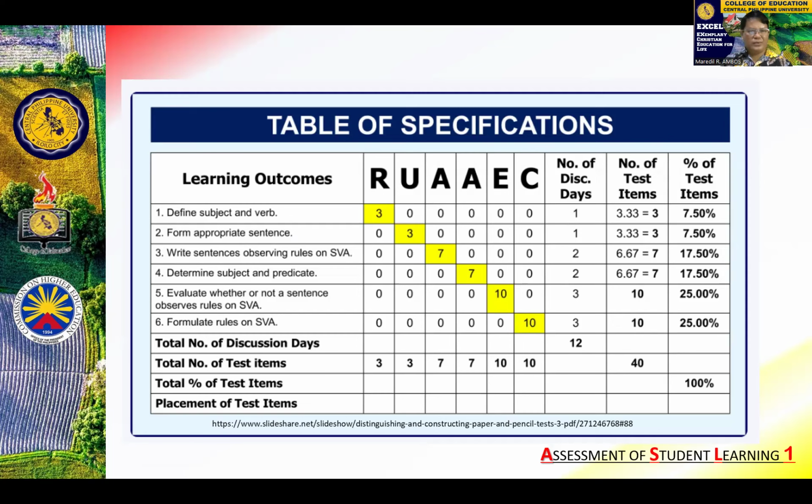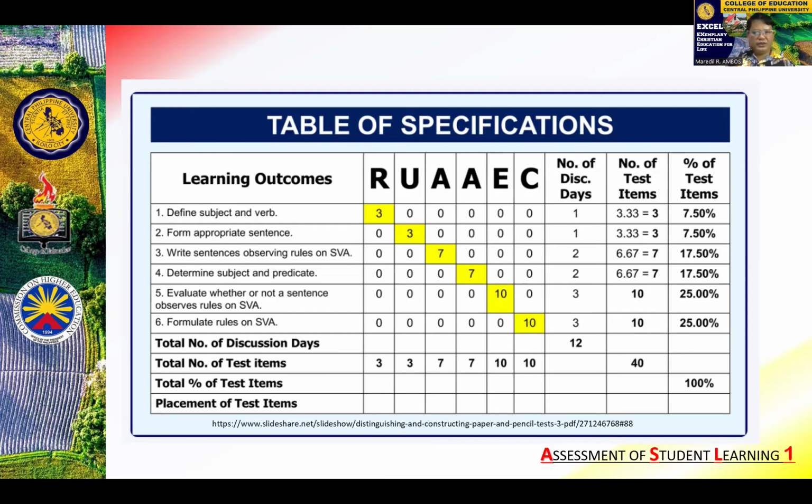For learning outcome number three, there are 7 questions and they were placed in applying, the same with analyzing, 7. And for learning outcome number five, which talks about evaluating, you have 10. The same with the creating level, which is 10 also.